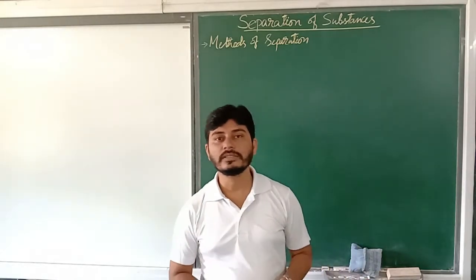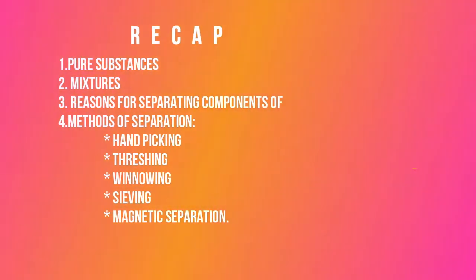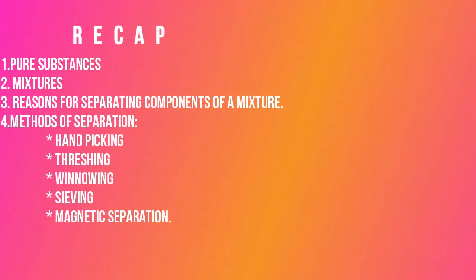our last class. In our last class we have learned about pure substances. What are pure substances? What are mixtures? And we also have learned the reason for separating the components of a mixture.